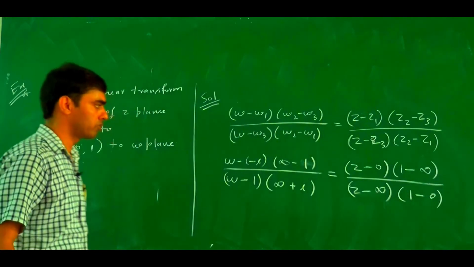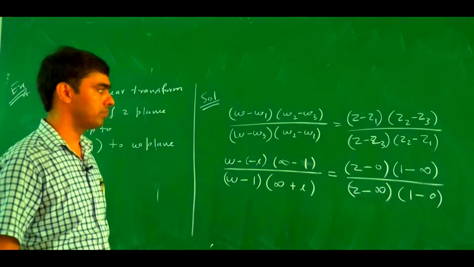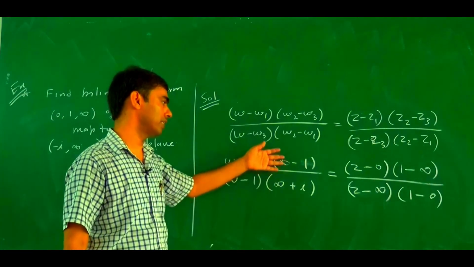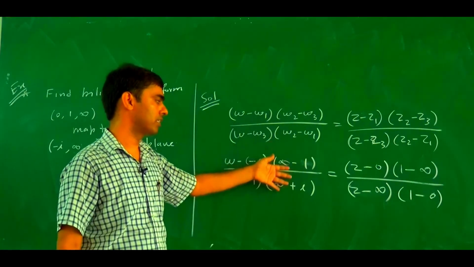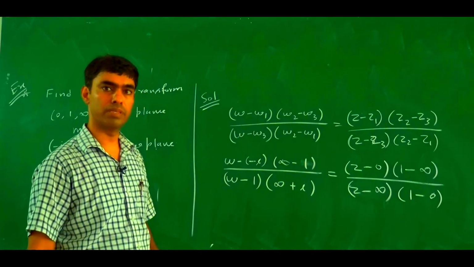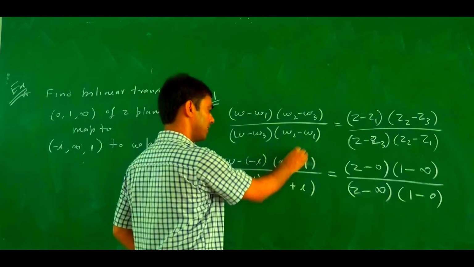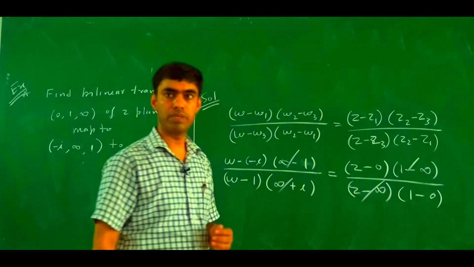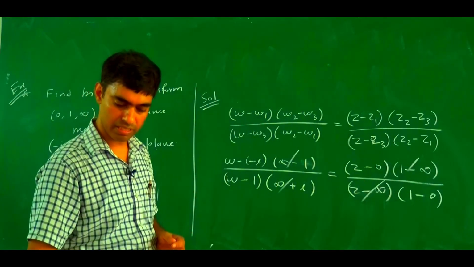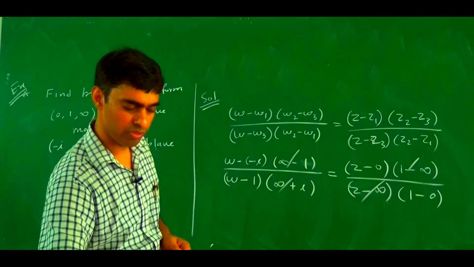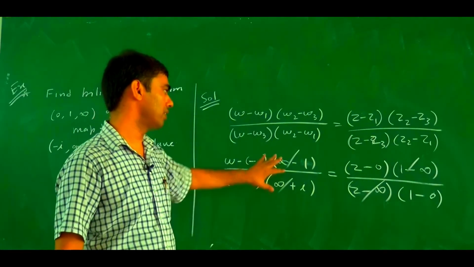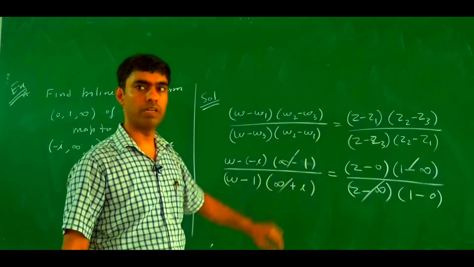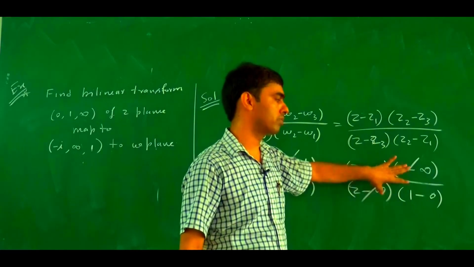If we simplify this, as we discussed earlier, if there is a term with infinity, then the limit of that ratio becomes 1. So directly here we cancel out these terms, because earlier we mentioned this property: if one term in the numerator tends to infinity, the limit of these two terms becomes 1, and the limit of these two terms also becomes 1.